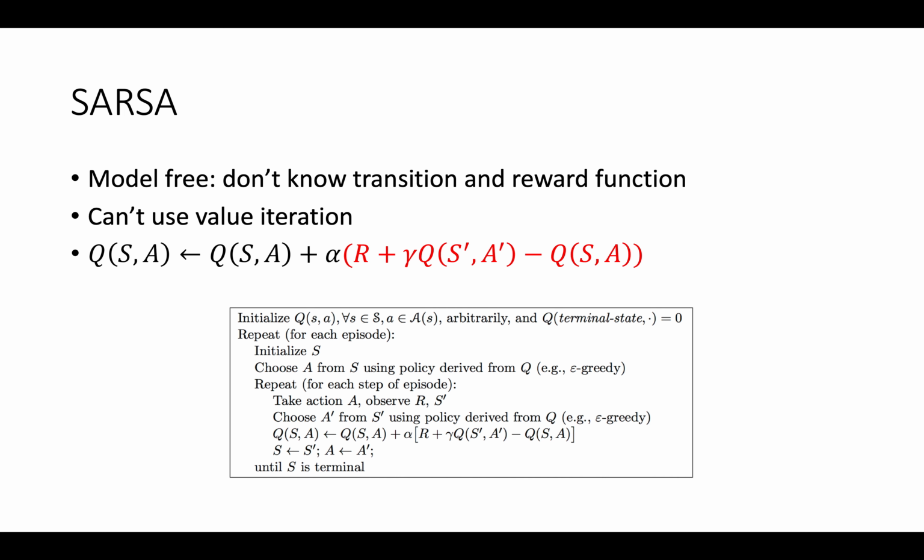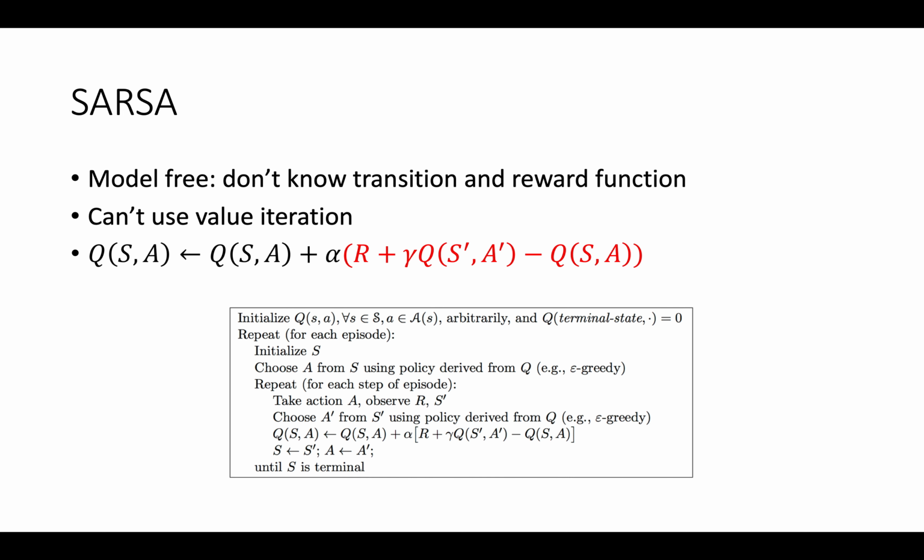Well, yes, we can, and we're going to use the Sarsa algorithm. So we're actually going to learn the optimal action value function in this case. The key step is highlighted in red. This is the update we're going to apply.